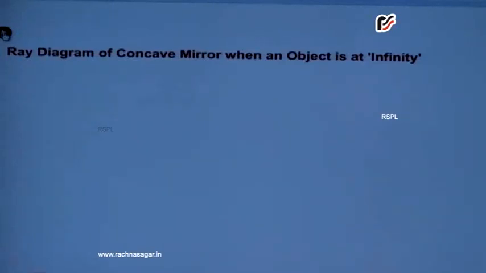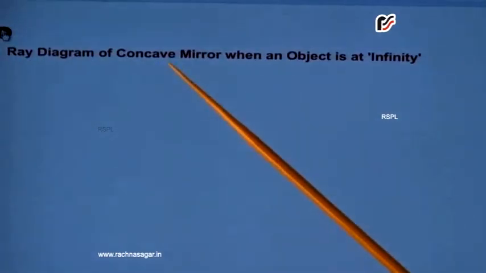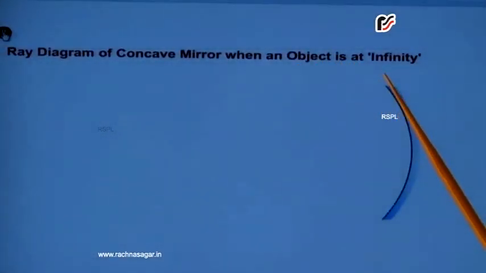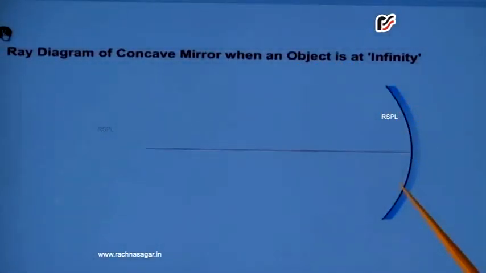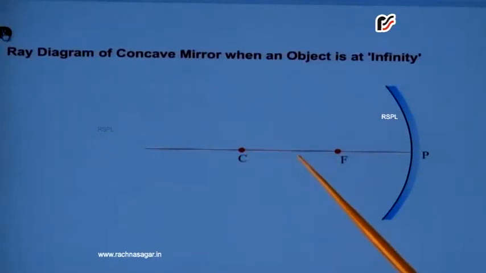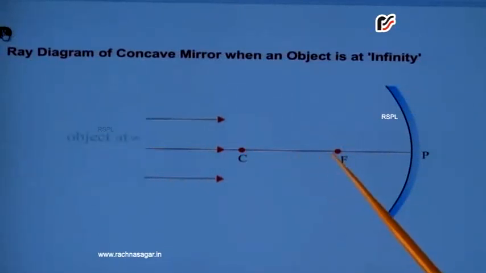Here is the ray diagram of a concave mirror when an object is placed at infinity. Take a concave mirror, draw a principal axis, mark a point P as pole, F as focus and C as center of curvature. Remember, F is the midpoint of PC.